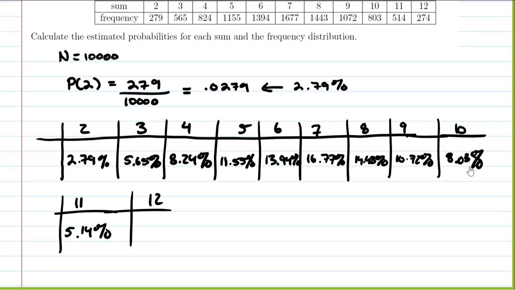And finally 12 gives us 2.74%. So that would be our probability distribution and the probabilities for each, right?